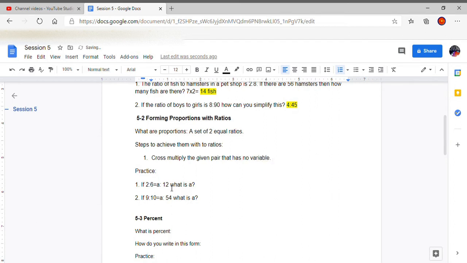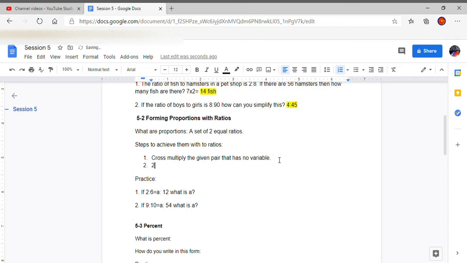So this has a variable. Number 2. Divide the product by the other value that is cross-paired with the variable. So did these 2 practice problems and you hopefully got it correct.